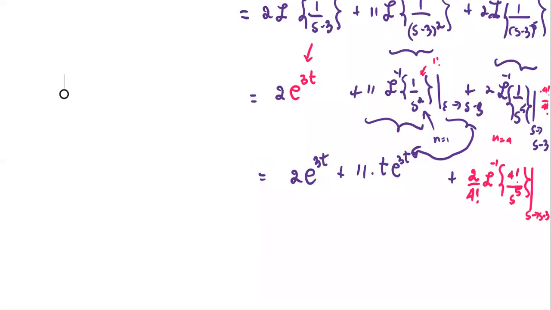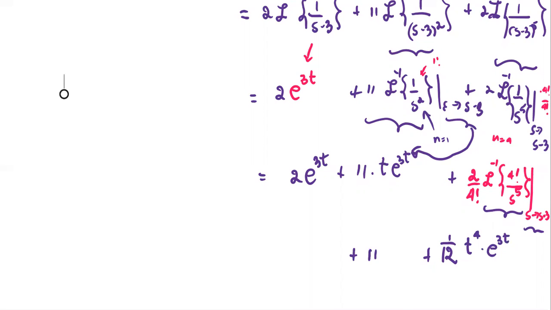And the last one would give us 2 over 4 factorial. 4 factorial is 24. It becomes 1 over 12. Okay, 1 over 12 as a coefficient. And this part of the inverse Laplace will give you t to the power n, which is 4. And the translation is multiplied by e to the power 3t.